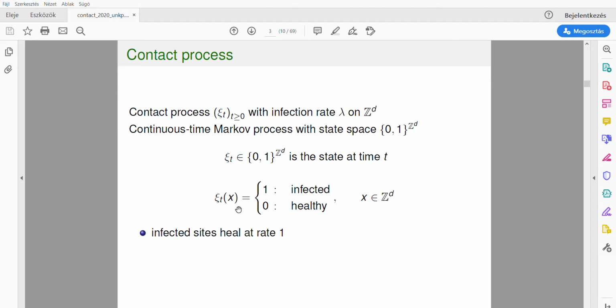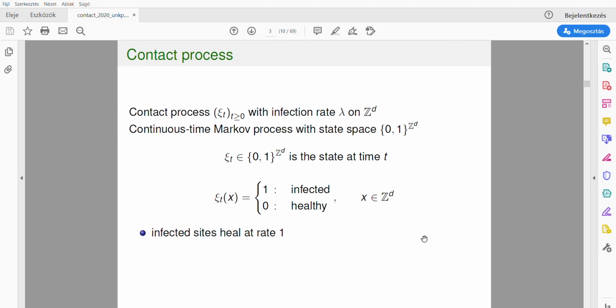If this person is infected, then there is an exponential clock with rate 1, and when that clock rings, this person becomes healthy. And of course, this recovery clock is independent for all infected individuals. So this is one part of the dynamics. Infected people, independently from each other, are going to heal at rate 1.